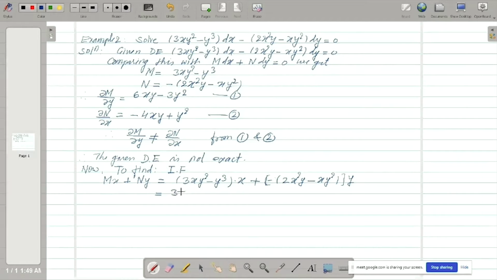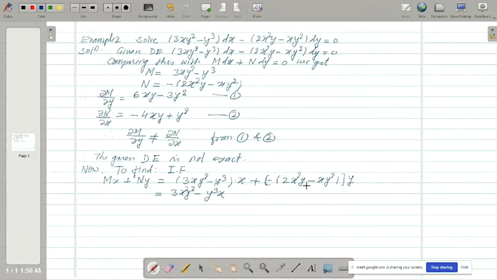We multiply with x, so this is 3x²y² − xy³.